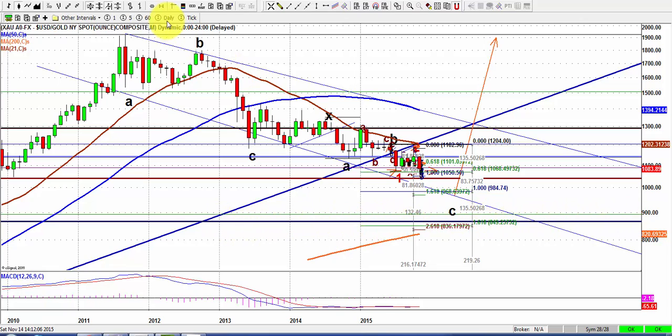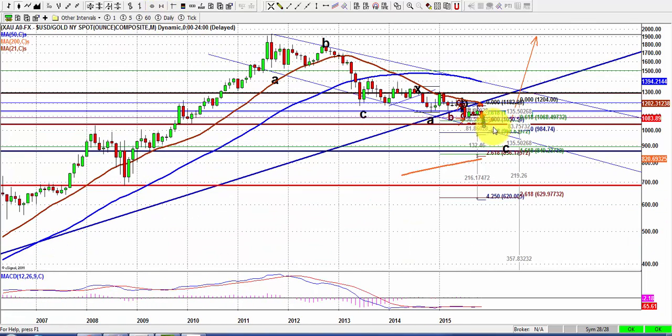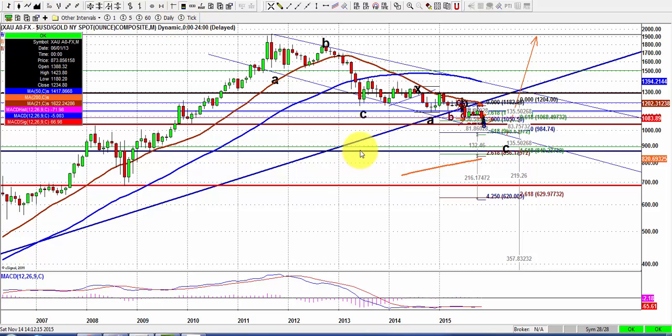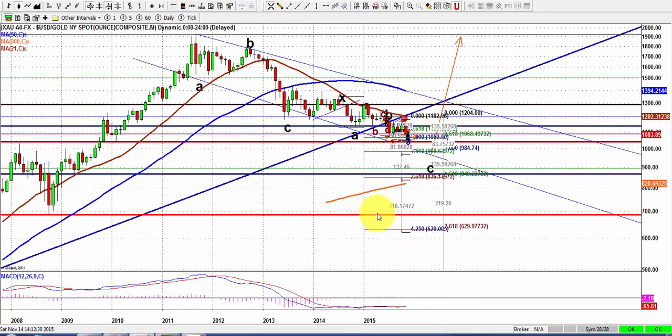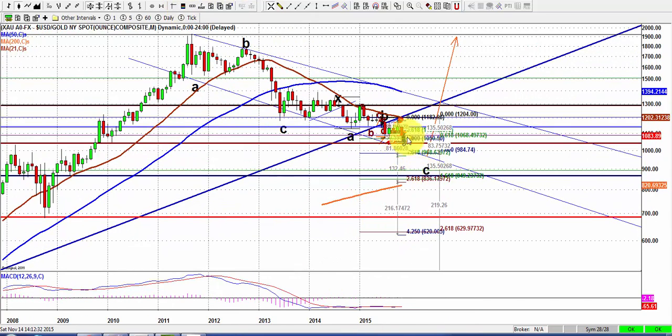It coincides with the support level right here, and I can give you the exact figure. Let me see. I'll just go on the line itself. It's around 873, 875, around this level right here, the support level that you see. That would give us an extended C vis-a-vis the A, and would possibly contain the entire 5 legs.